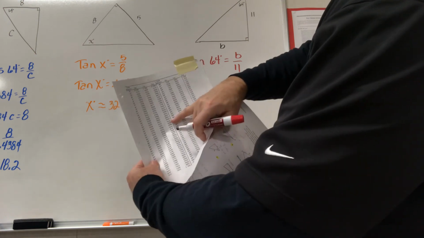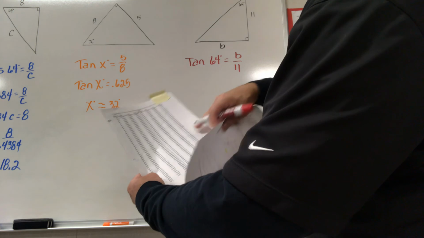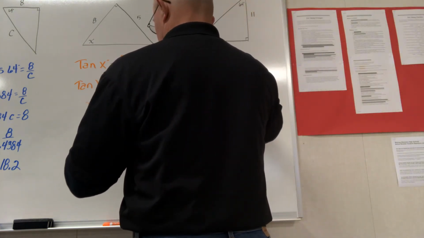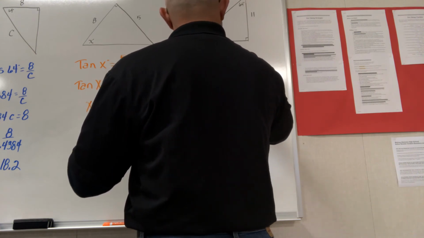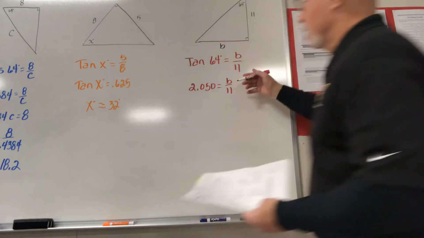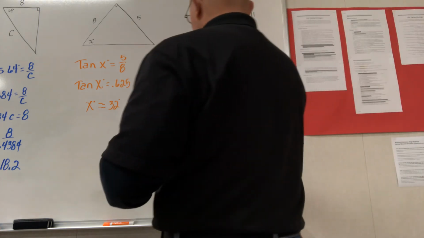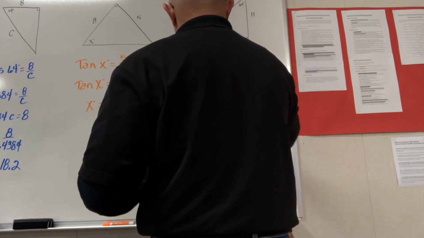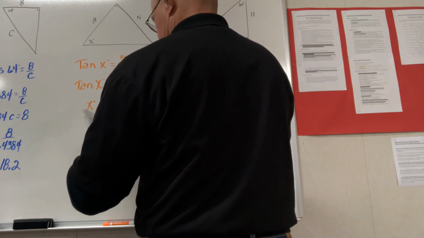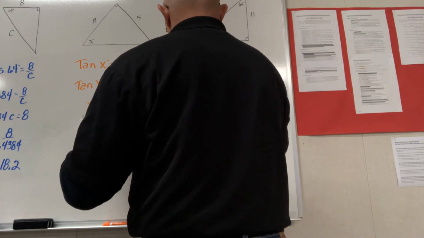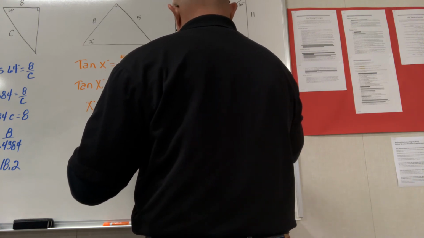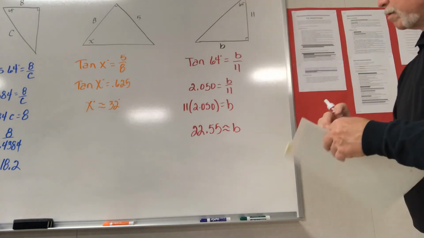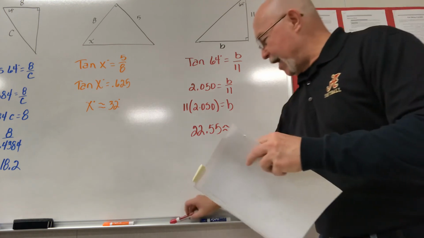So you come down to 64 degrees and then come across. Algebra problem, multiply. Okay, so we got about 22 and a half.